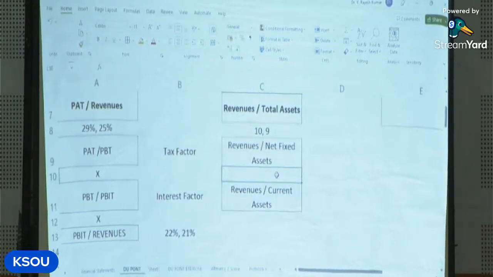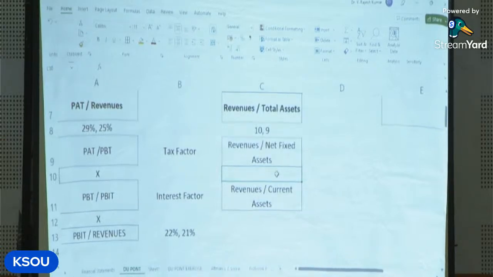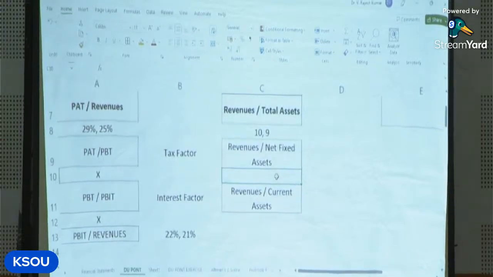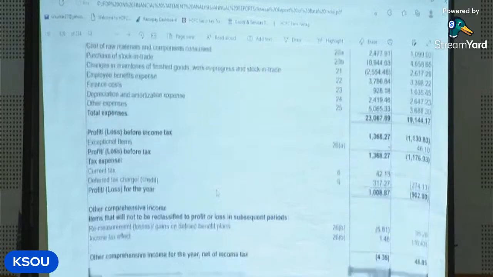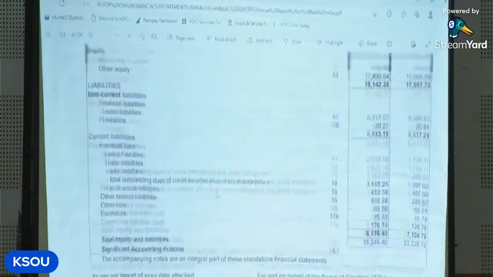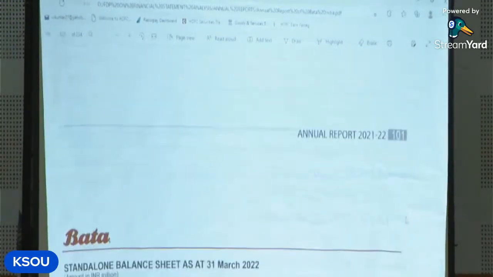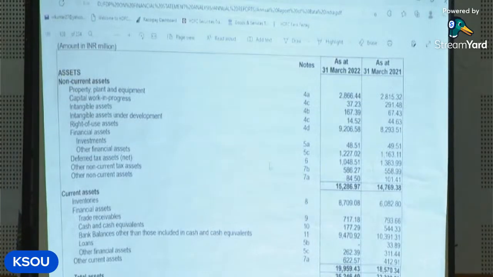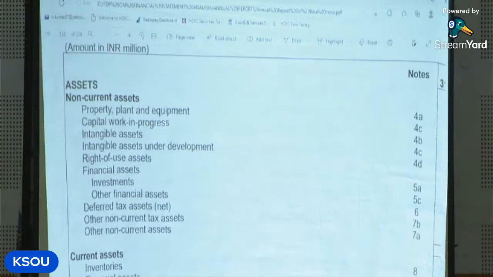Now, I want you to carefully think and tell me. I take revenues, I take net fixed assets, non-current assets, but be careful. When I say non-current assets, we don't take everything. Everything is not fixed assets. What all do you think I should consider here?